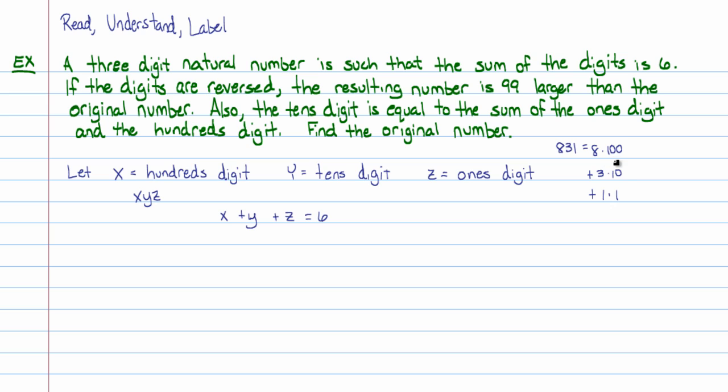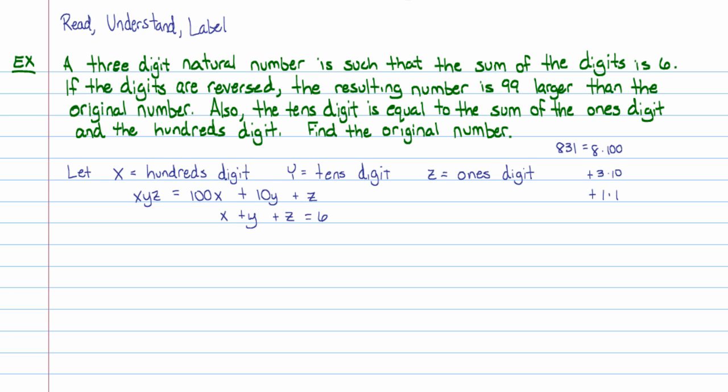I have 8 sets of hundreds, 3 sets of tens, and 1 set of ones. So this number XYZ is actually 100 times X plus 10 times Y plus 1 times Z. That's the lengthy version of that number.